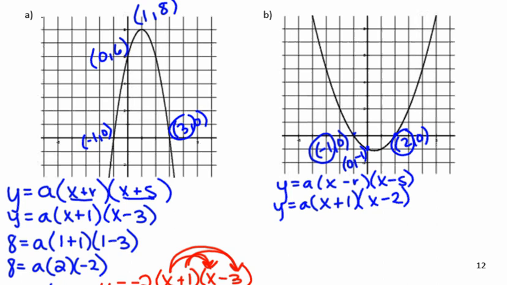So we pick another point that we know, which I said is our y-intercept. We can use (0, -1). So when my y is -1, what's my a if my x is 0? -1 equals a times (0 plus 1), which is 1, times -2 is -2, divide by -2.